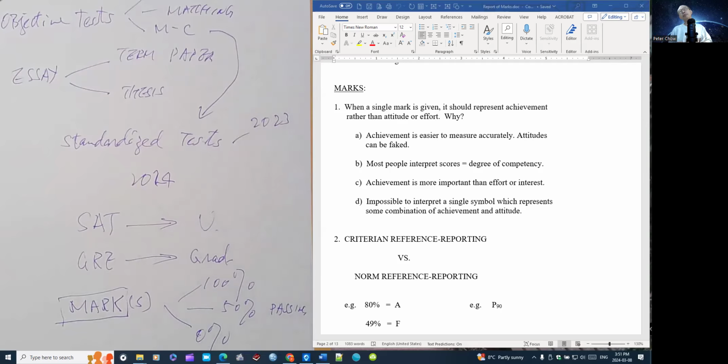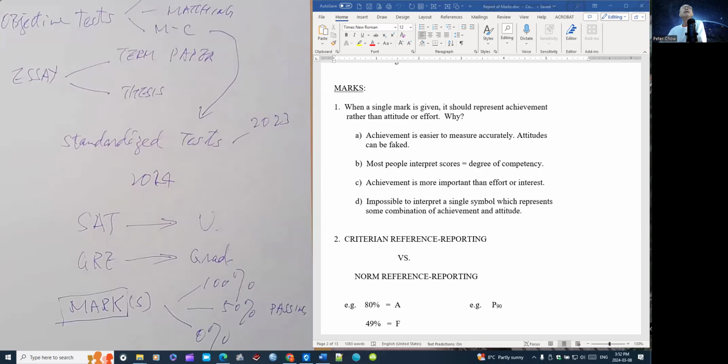Okay? Remember in the course outline, how hard surgeons or pilots try is not nearly as important as whether they do the job for which they are hired. All right.